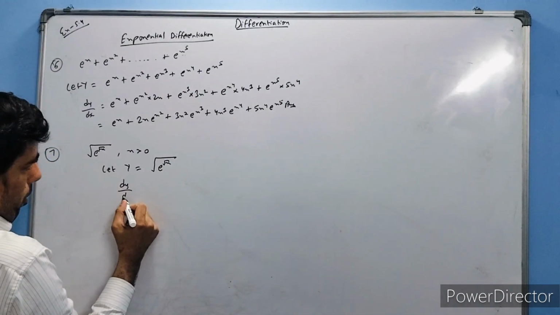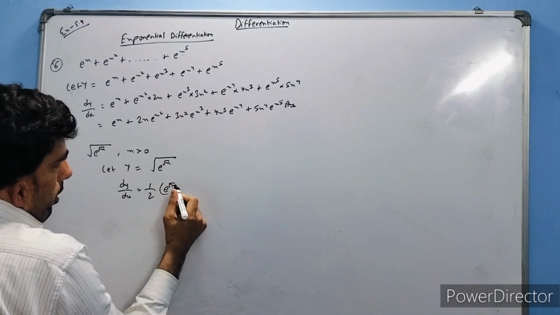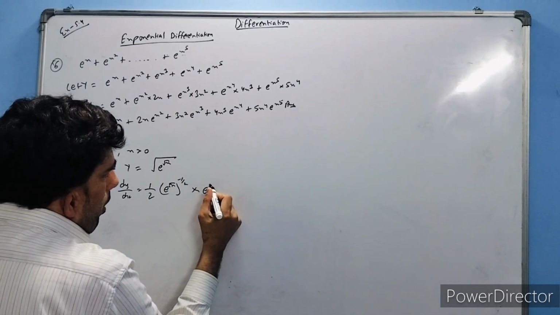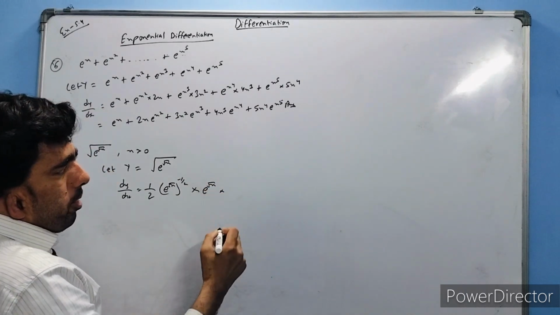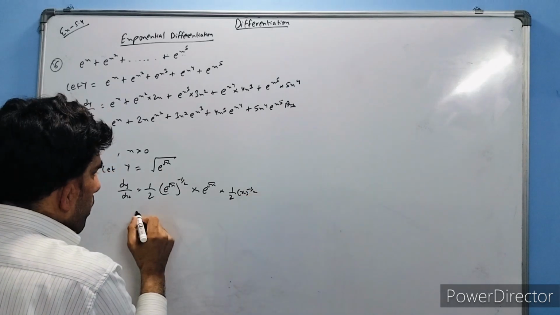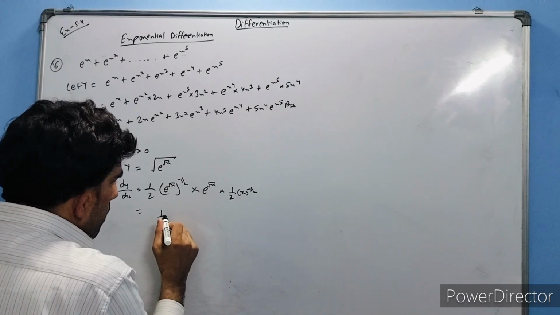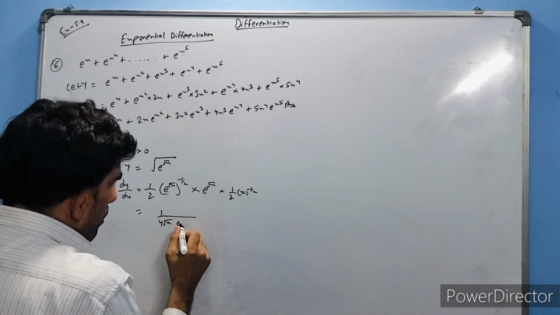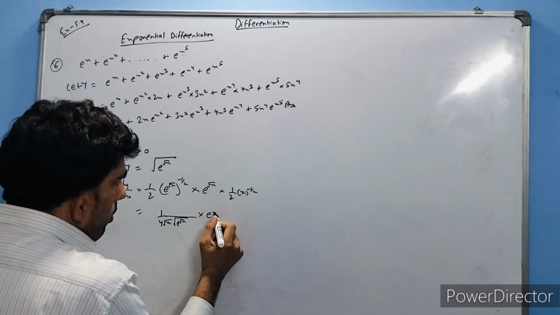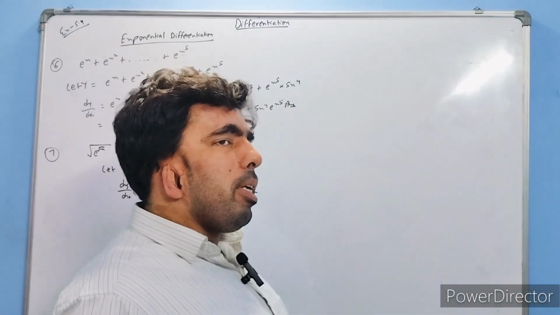If I differentiate, I get dy/dx is equal to e^(√x) into the differentiation of root x, which is half x to the power minus half. So I get here 1 upon 2 root x into e^(√x), that is e^(√x) upon 2√x.